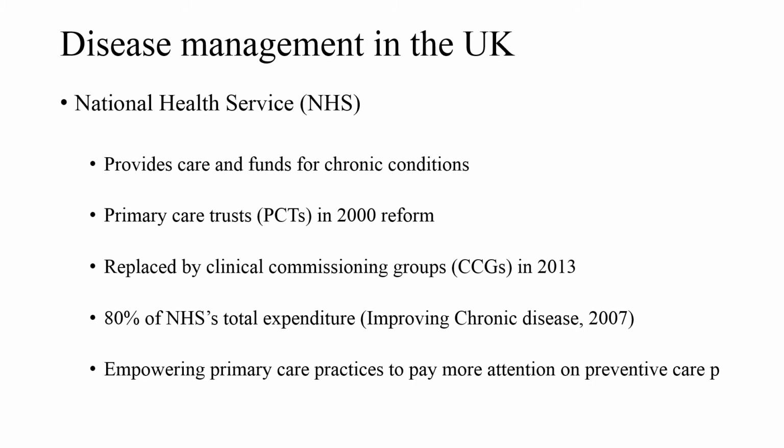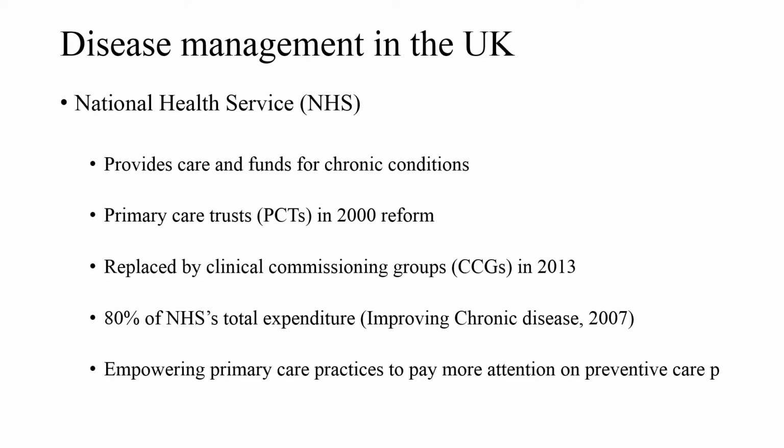Now let's talk about disease management in the UK. In England, the majority of care of chronic conditions is funded by the National Health Service, which provides care and funds for mostly all chronic conditions.